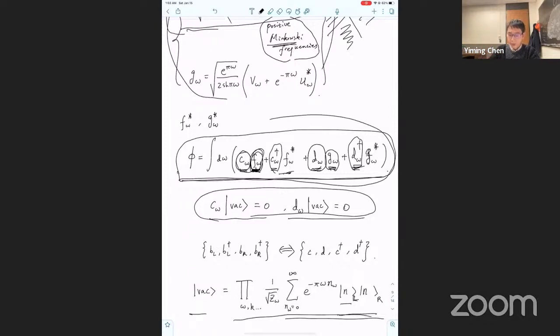This d will be the creation operator of Minkowski particles, and c, for example, will be the annihilation operator of Minkowski particles.